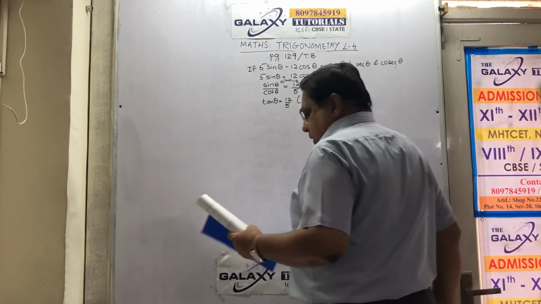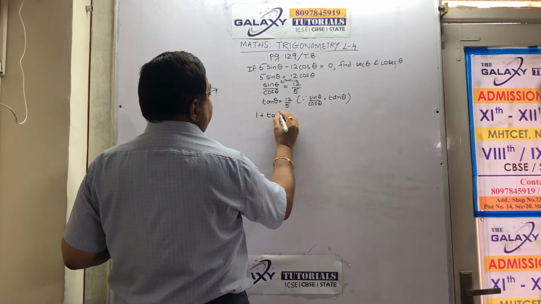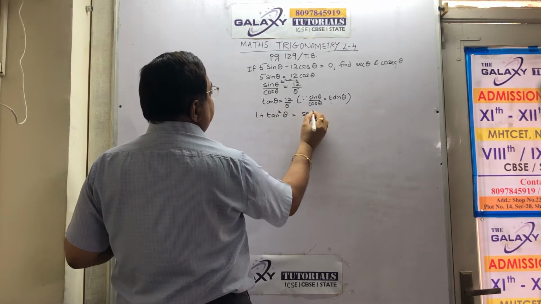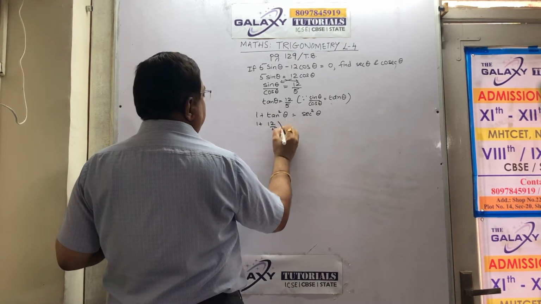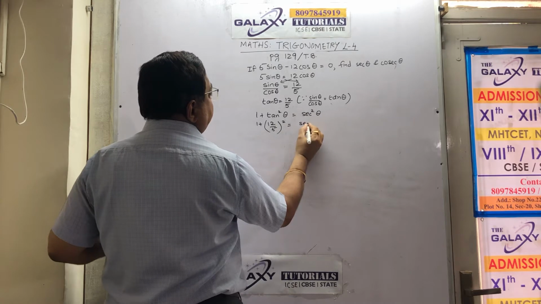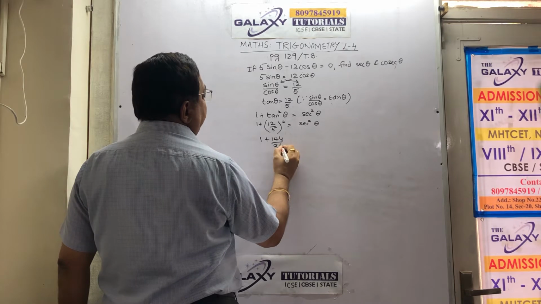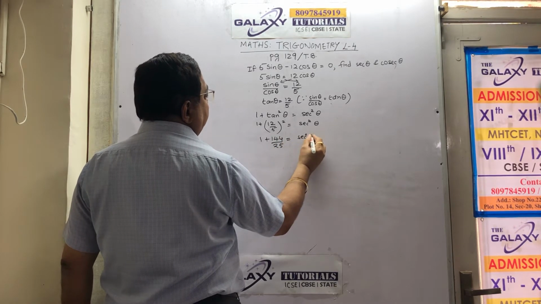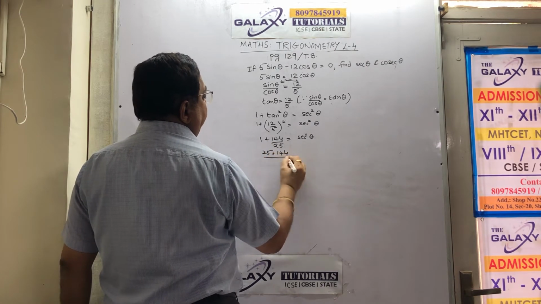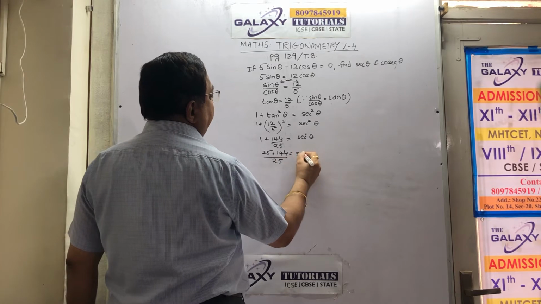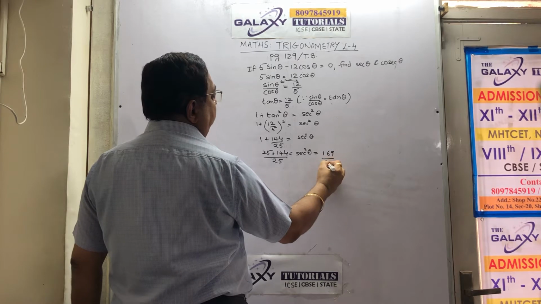Now going ahead, using the same identity like last time: 1 plus tan square theta is sec square theta. 1 plus 12 upon 5, the whole square, is sec square theta. 1 plus 144 by 25 is sec square theta. This is 25 plus 144 upon 25 is sec square theta, and as you can see, 169 upon 25.